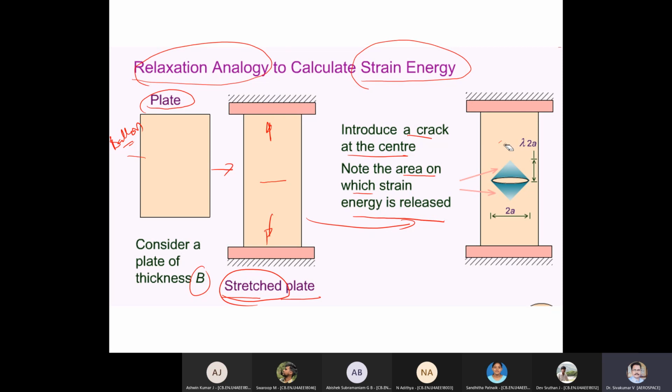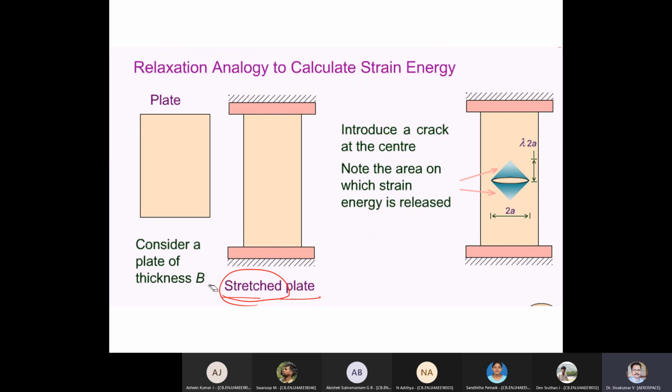So now again we are doing the reverse process. What is the reverse process? Ultimately, I want to find the energy required to make the crack. But now, reversely, I'm calculating: I have a stressed material, I'm making a crack, and in this region the energy is released.